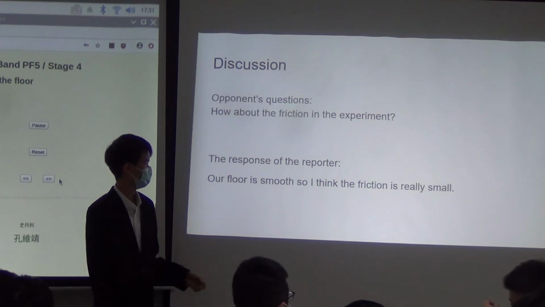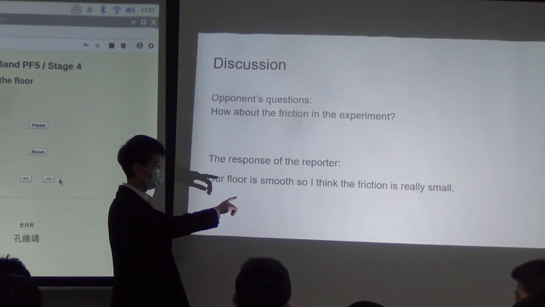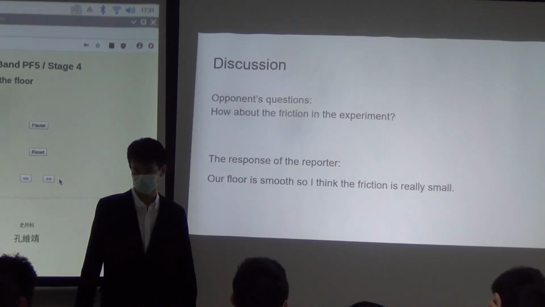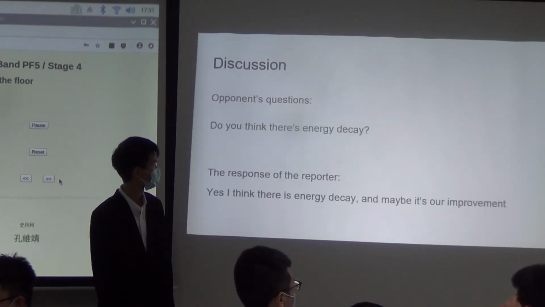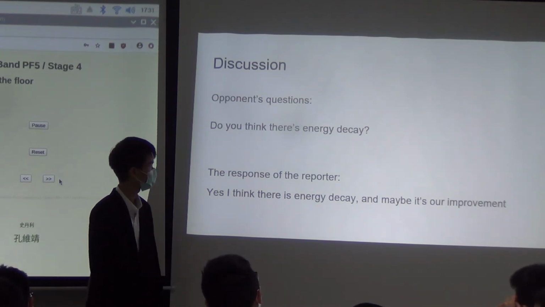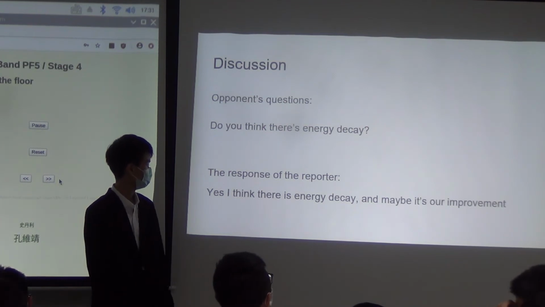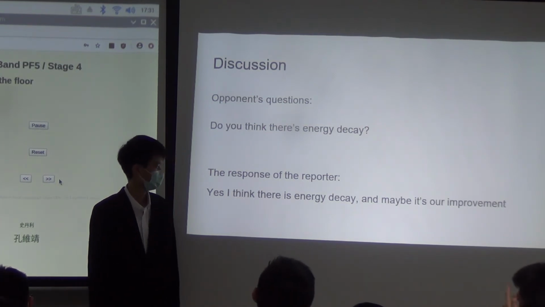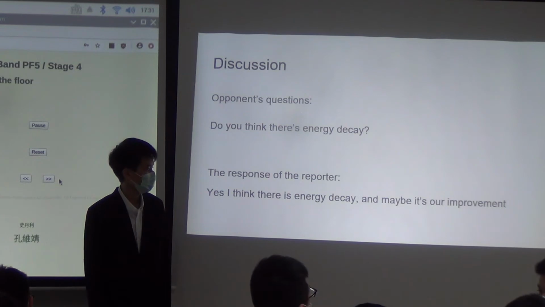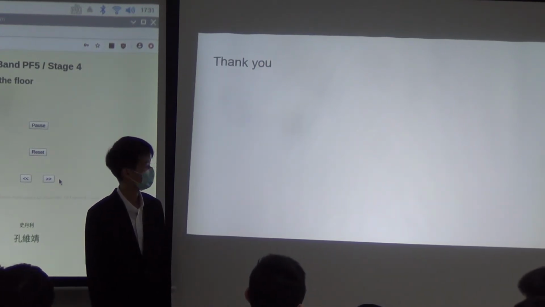The reporter responds, our floor is smooth, so we think the friction is really small. The opponent asks, do you think there's energy decay? The reporter responds, yes, we think there is energy decay, and maybe it's an improvement we can make. Thank you.